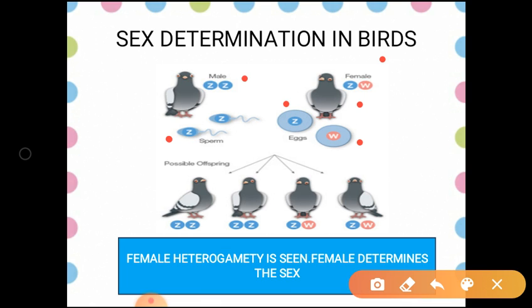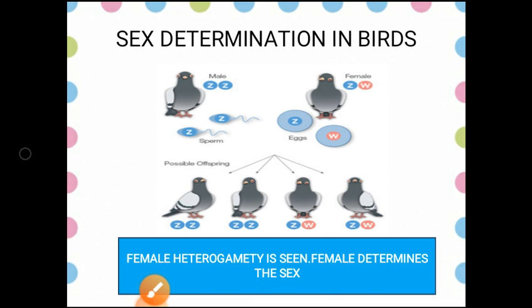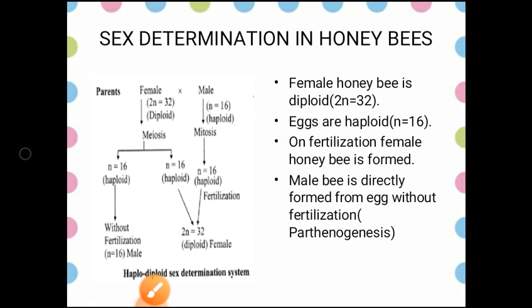So when the sperm fertilizes the egg having Z chromosome, the resultant will be a male bird, whereas when the sperm having Z chromosome fertilizes the egg having W chromosome, the resultant will be a female bird. So female heterogamety is seen in birds. In birds, sex is always determined by the female and never by the male.